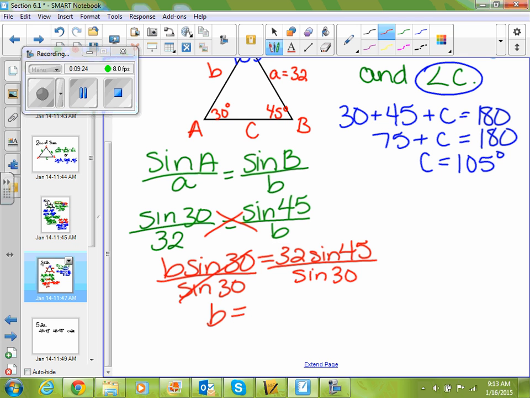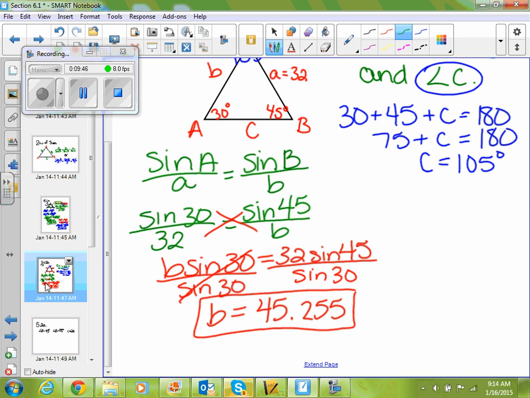If you then divide that number by sine of 30, you should get approximately 45.255. So I know that side length B is 45.255.